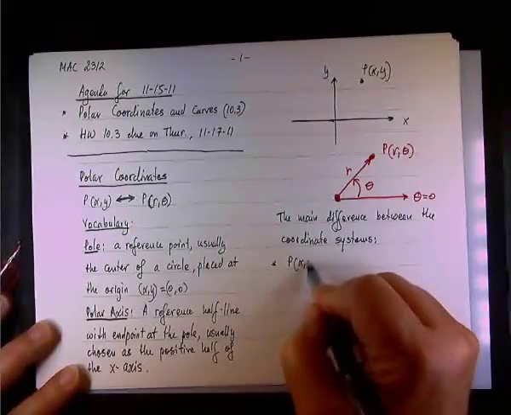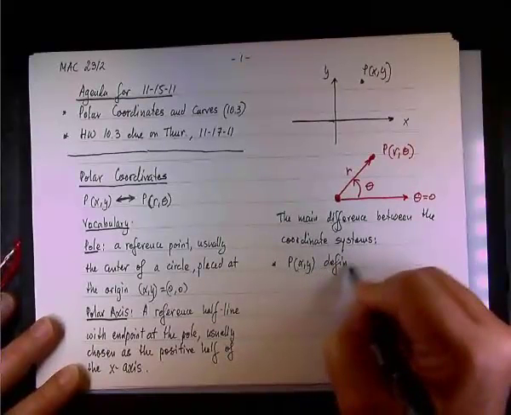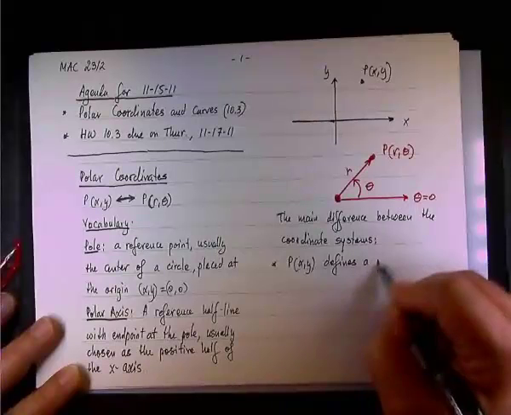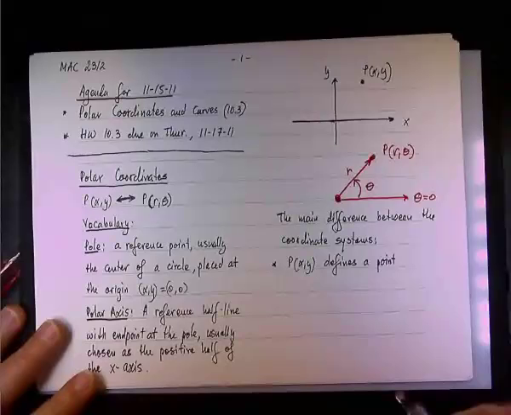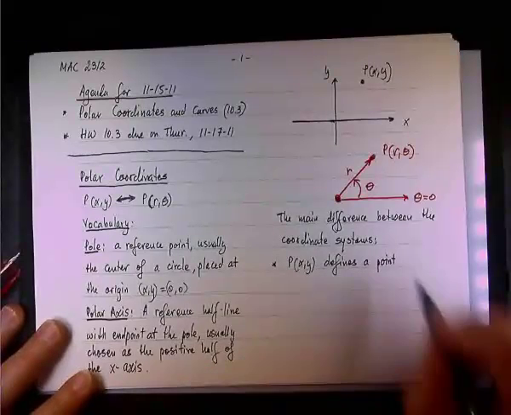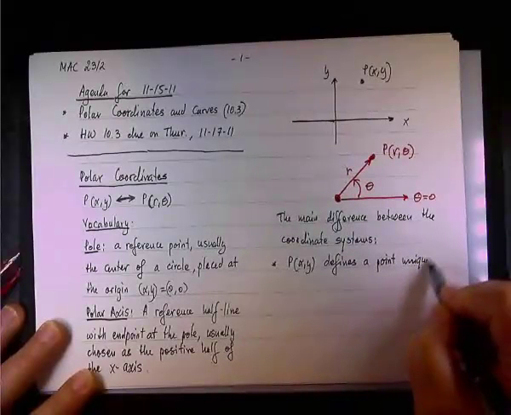In the Cartesian system, P of xy defines a point uniquely. So, for instance, if I say that the point has the coordinates 4, 3, that's the only way to describe that particular point.